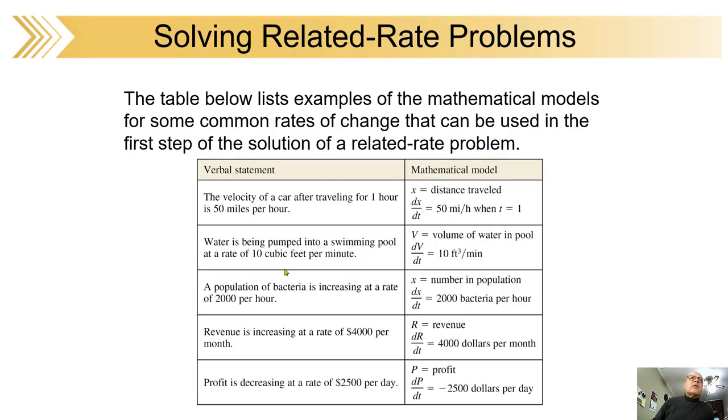Here are some formulas you might run into and some related expressions. Notice miles per hour, cubic feet per minute. Take a note on this one in particular. It says dt. That means you have to be careful. Is it per minute, per second, per hour, per year?